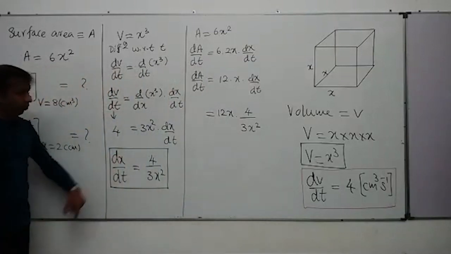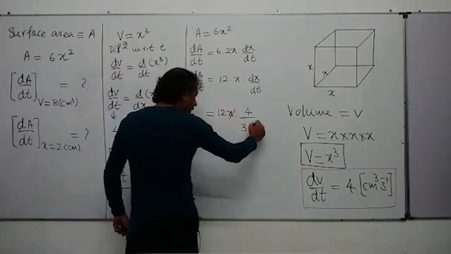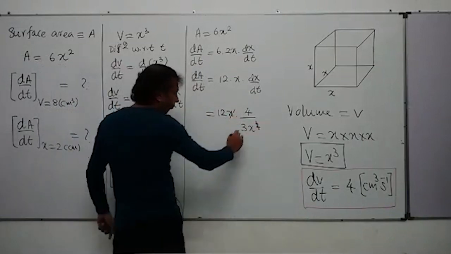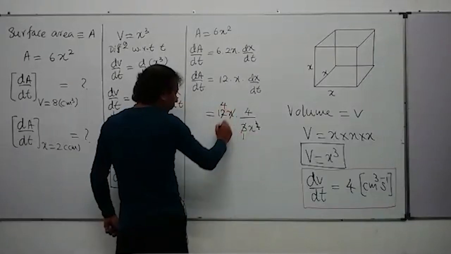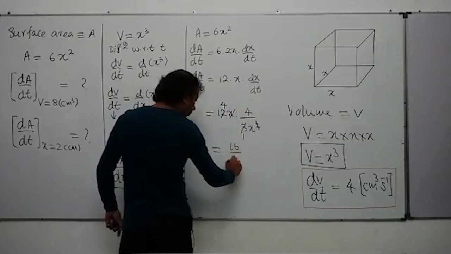Okay, dx upon dt is 4 divided by 3x squared. Then here, x and this we can cancel down. 3 and this 12 we can cancel down. 4 and 4 we get 16 upon x.